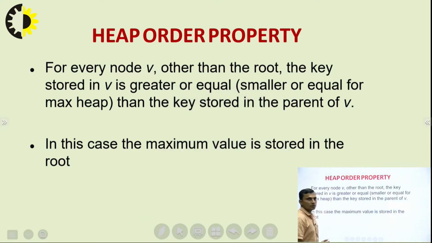Now when we talk about the heap order property, each heap maintains basically two properties. The first one is min heap and the second is max heap.